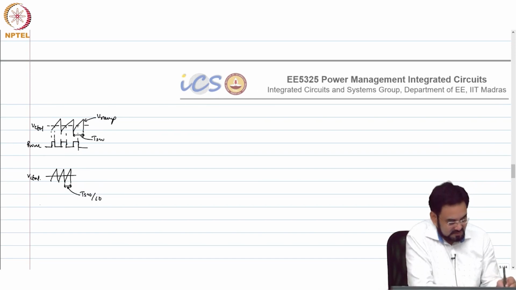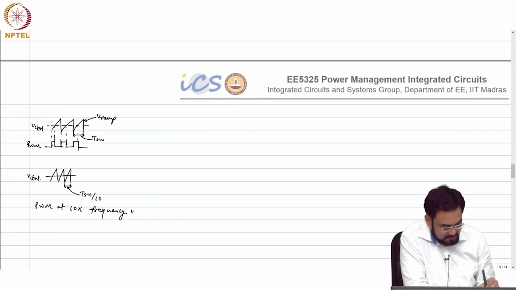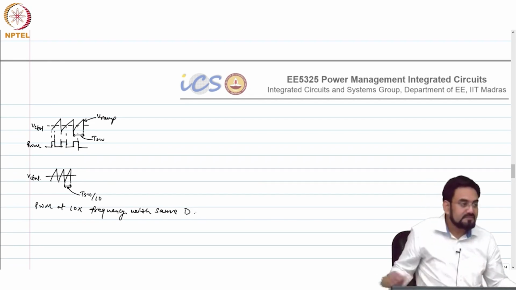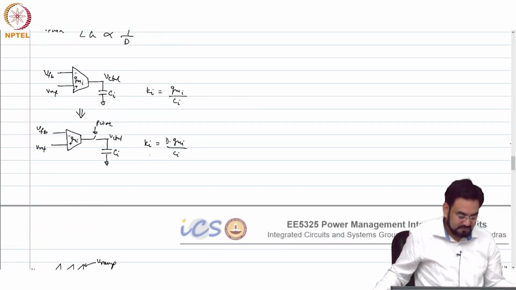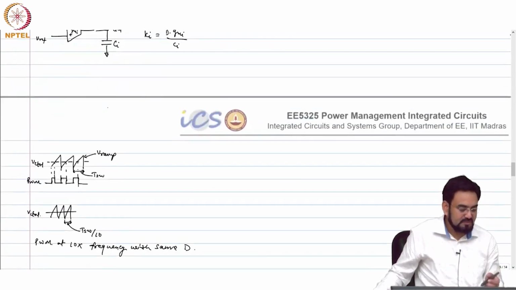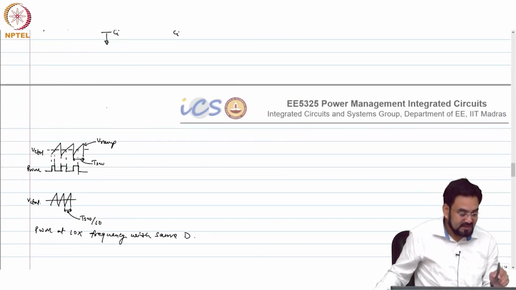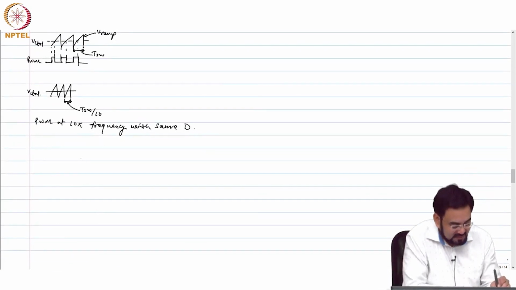Okay. So you get PWM with the same D. So this is one way you can do it. But if you have only an integrator, then you may not need to do all these things and you can directly, because here the capacitor you need to filter out this ripple.